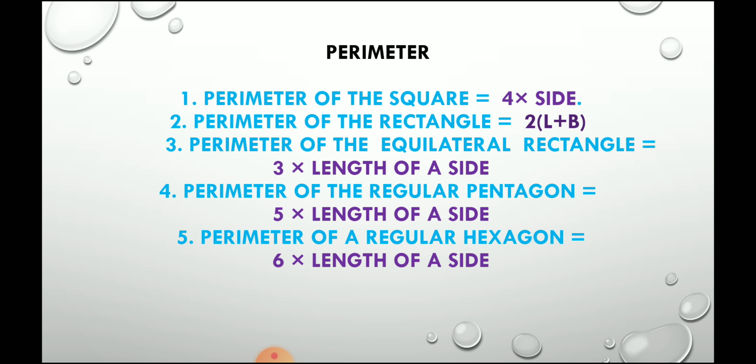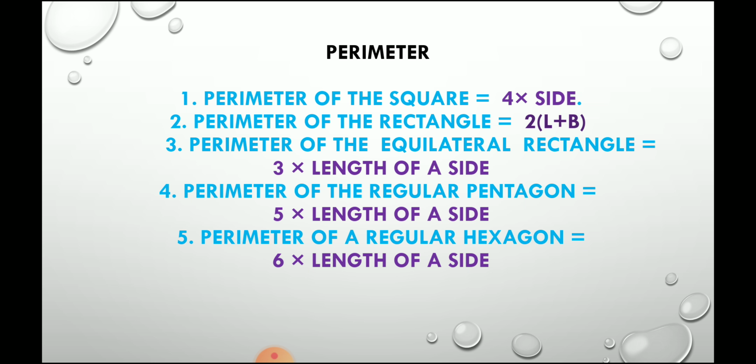Perimeter of the square is 4 into side, and perimeter of the rectangle is 2 into L plus B. You already know the square and rectangle perimeter formulas. Then the third one is the perimeter of the equilateral triangle.